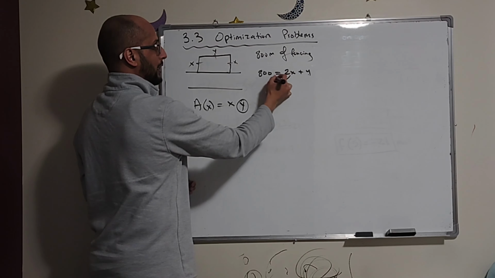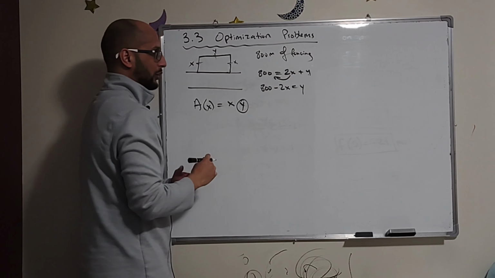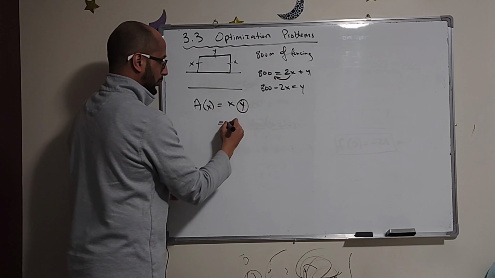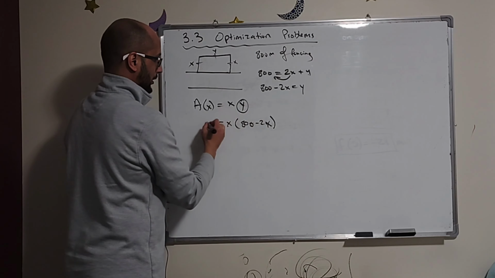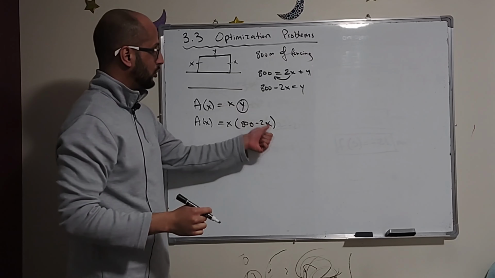So isolate for y, take 2x over, 800 minus 2x will be equal to y. So I adjust my equation: x times (800 minus 2x). This is now my area equation with respect to the width.